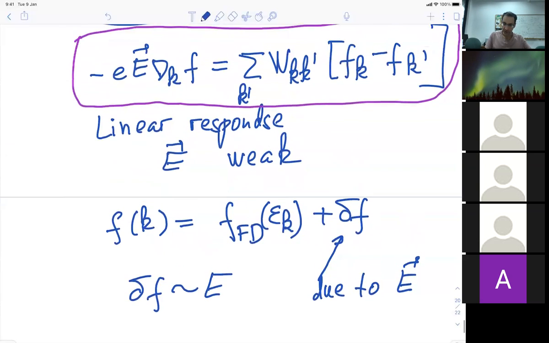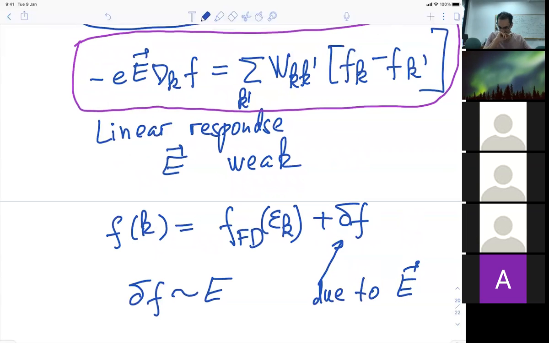So then we look at the Boltzmann equation and we realize two things. Thing number one, the left-hand side is already proportional to the electric field to the power 1. So there's an electric field here.